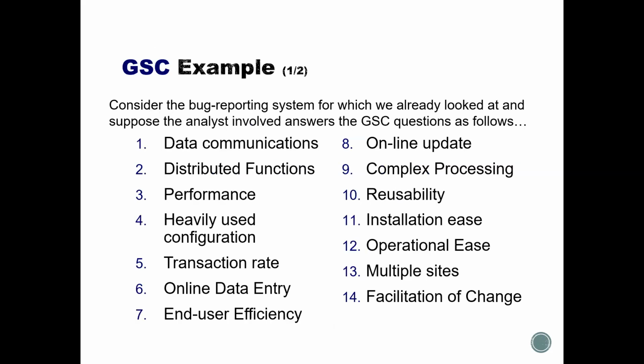So let's take an example. Take a bug reporting system in which the analyst, let's assume, gives certain numbers to these multiple characteristics, like for data communication it is 5, for distributed function it is 0.